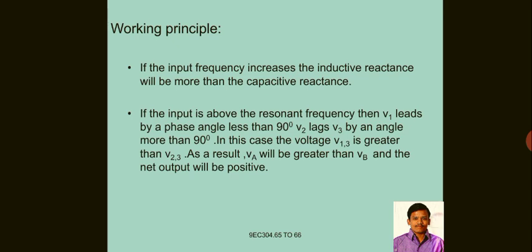Once again, whenever we are at the center frequency or resonant frequency, VA will be equal to VB but of opposite sign, therefore the output voltage will be 0. But whenever the input frequency increases, XL is more than XC, therefore V1.3 will be more than V2.3. As a result, VA will be more compared to VB, so the net output will be positive because it is VA minus VB.